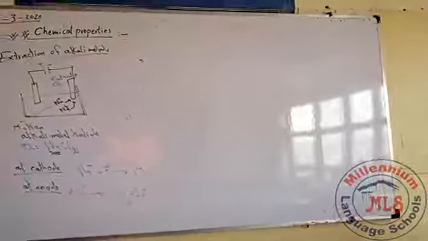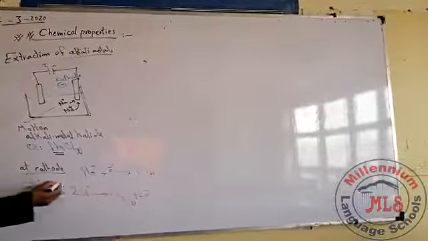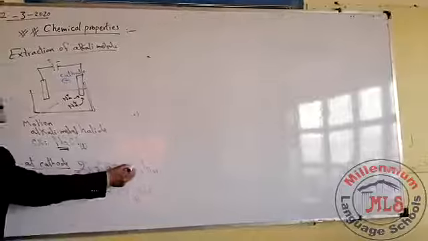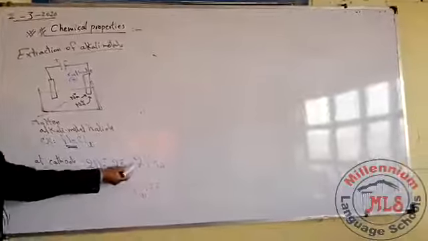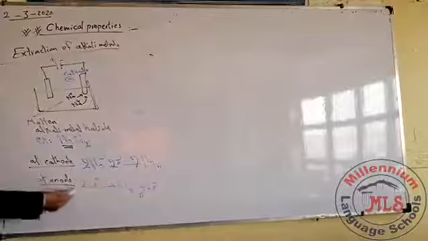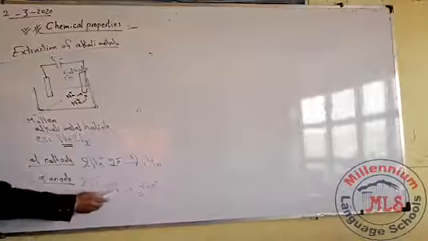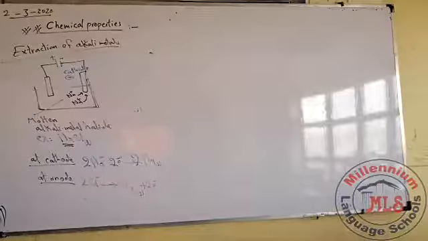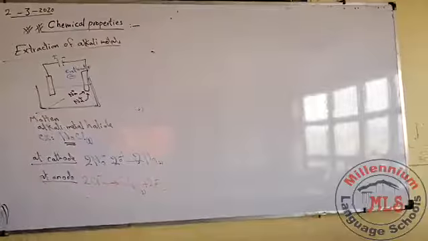So, 2 Na positive, 2 electrons gives 2 sodium. 2 chloride negative gives chlorine gas molecule and 2 electrons. This is what happens at the anode.